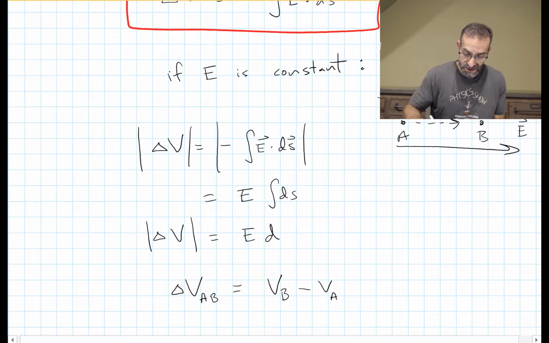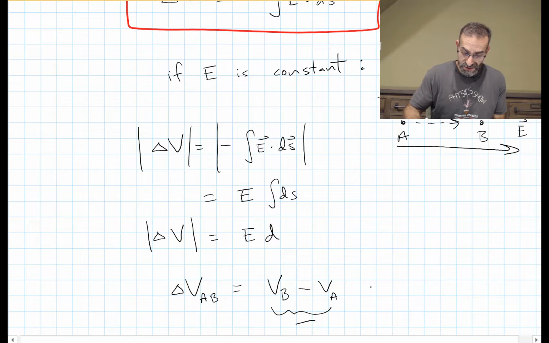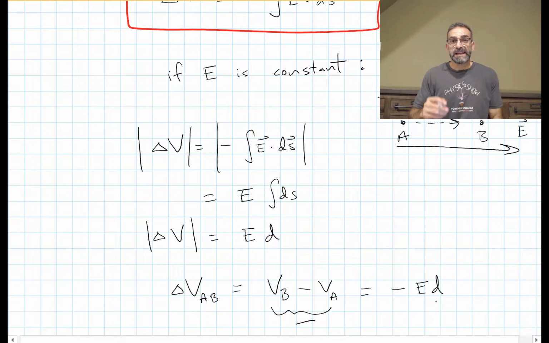This must be negative. So our delta V is going to be negative the electric field times the distance in this case, because we're moving along in the direction of the electric field, and we have a uniform or constant electric field.